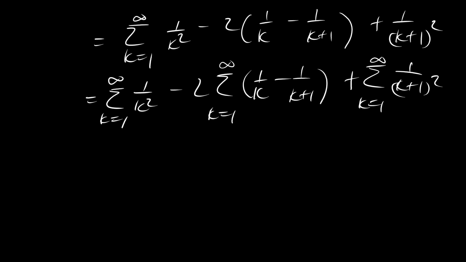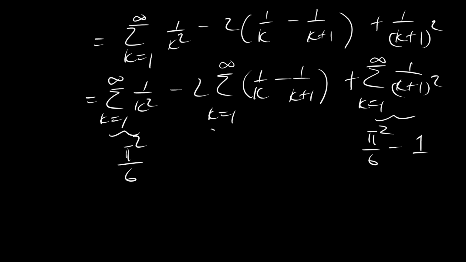Okay, and as we can see, this one here already is pi squared over 6, but here, since k starts from 1, it means we have 1 over 2 squared, so we're missing 1. So this essentially is pi squared over 6 minus 1.